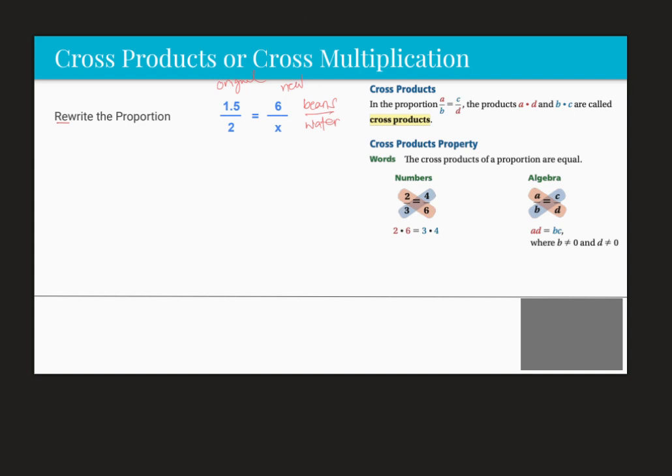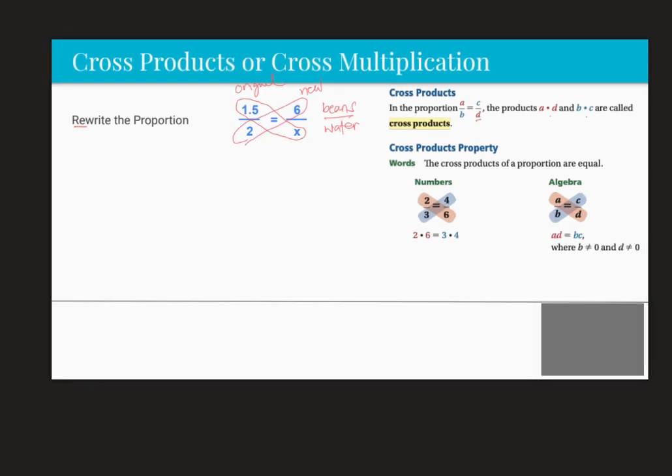Right, so using cross multiplication, we do know, just like on the right side, in the proportion A over B is equal to C over D, the products A times D and B times C are called cross products. So in this case, we are going to do it this way. We're going to multiply 1.5 times x and 2 times 6.